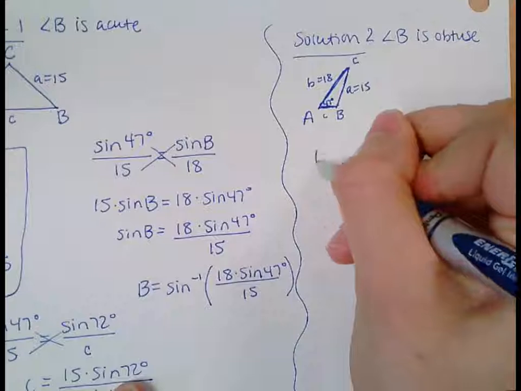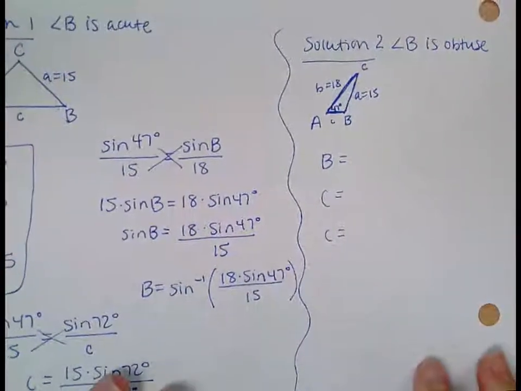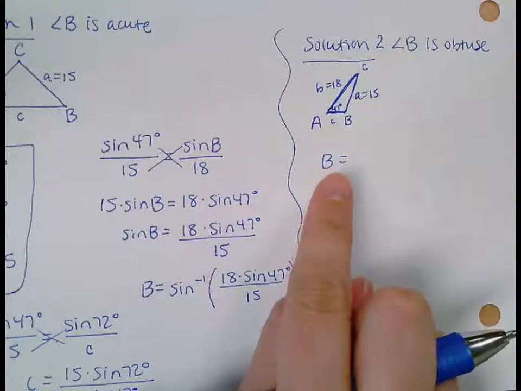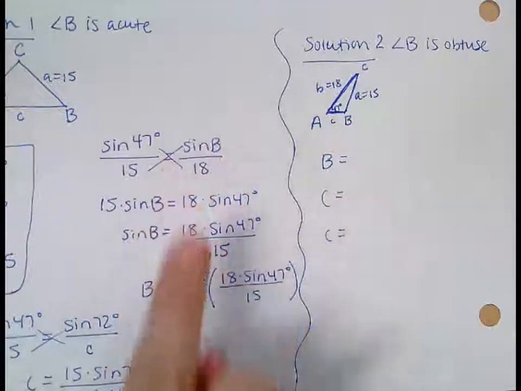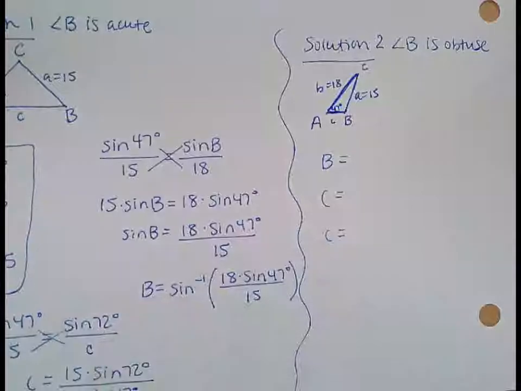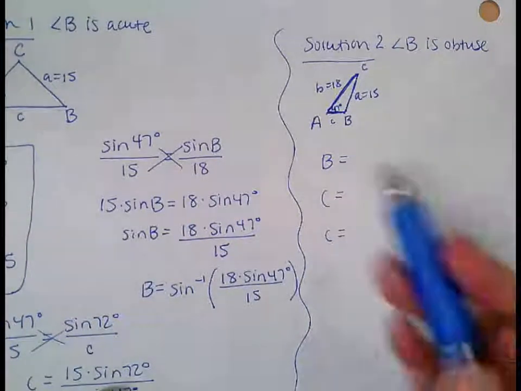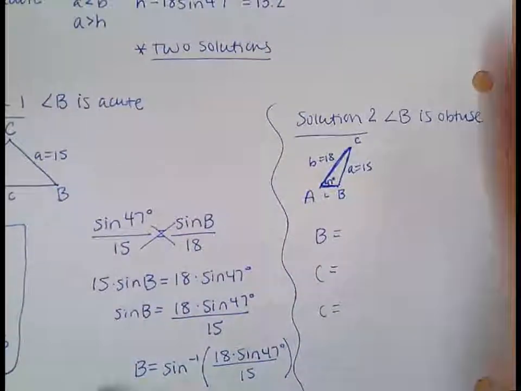We still need to find angle B, angle C, side C, but we are not going to find angle B the same way we found angle B in the first solution, because if we did this process again, we're going to get the same answer, because all the values are the same. So here's the reasoning behind what the new angle B is.